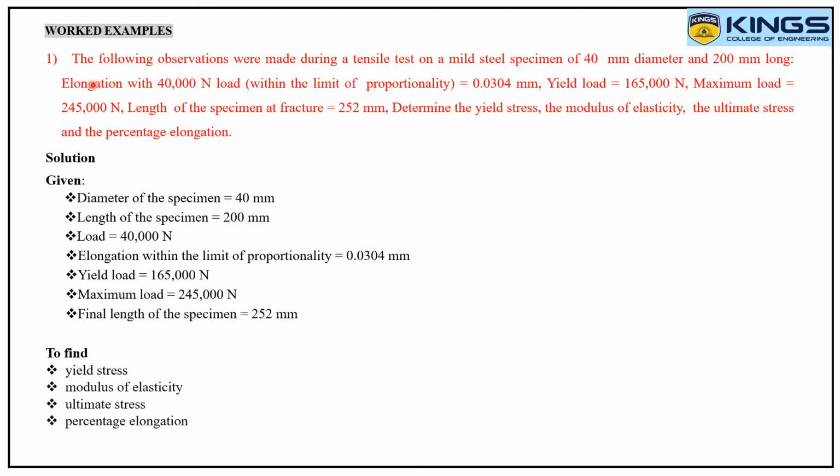The question is: the following observations were made during a tensile test on a mild steel specimen of 40 mm diameter and 200 mm long. Elongation with 40,000 Newton load, within the limit of proportionality, is equal to 0.0304 mm.